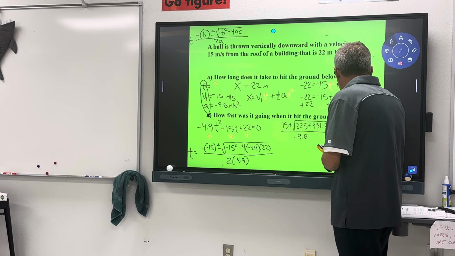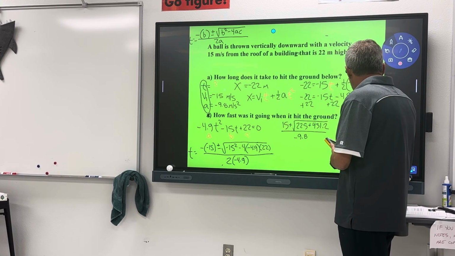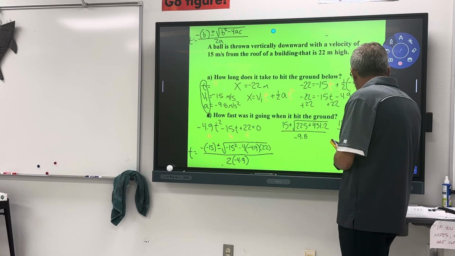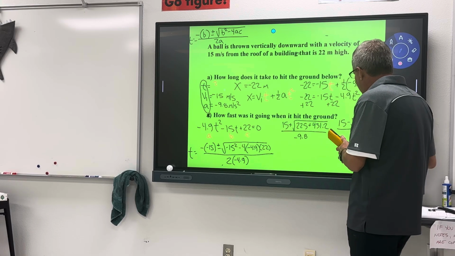This is also 15 minus the square root of 225 plus 431.2, all over negative 9.8.